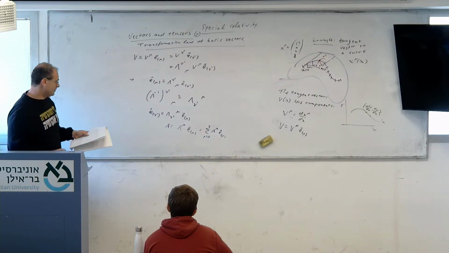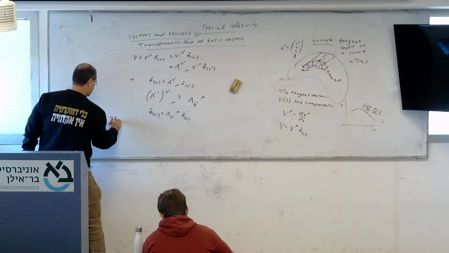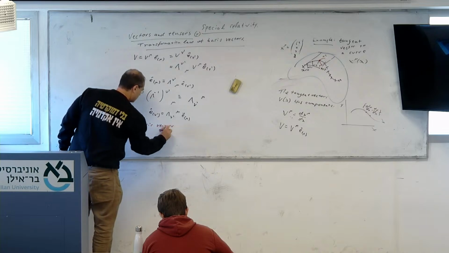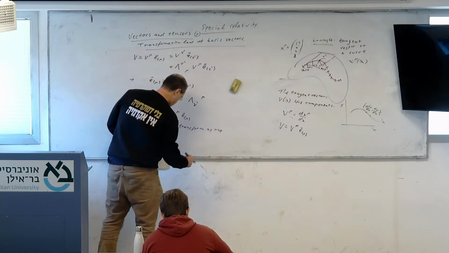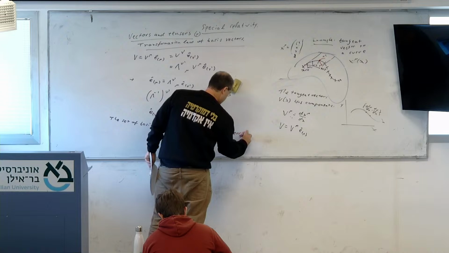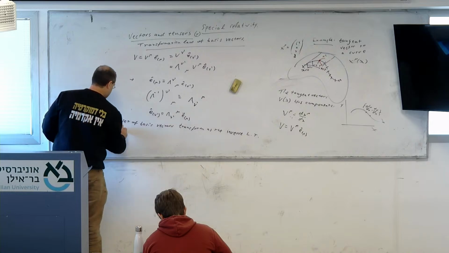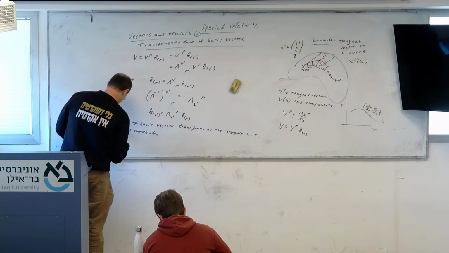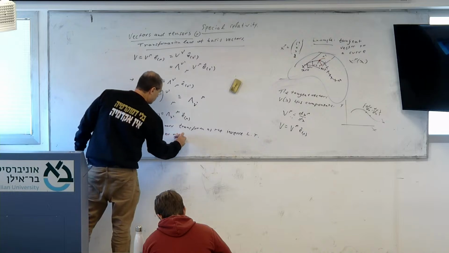So the set of basis vectors transform as the inverse Lorentz transformation of the coordinates, or of vector components.